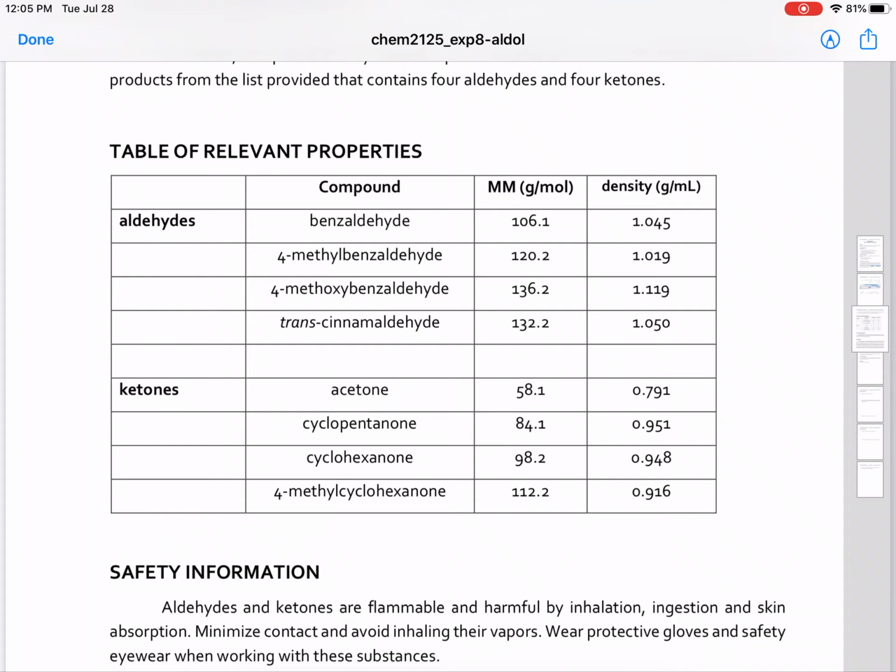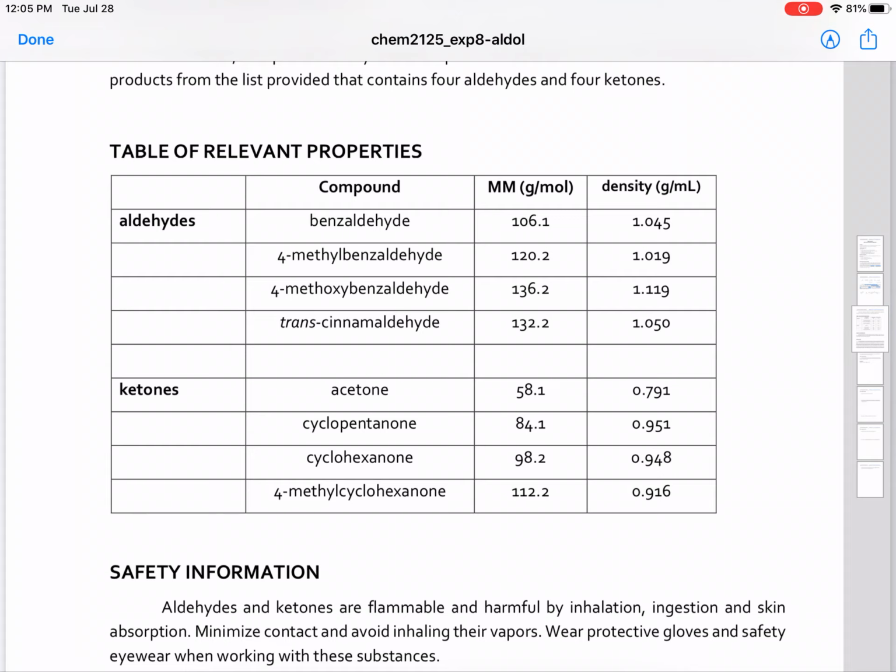Meaning you can choose one benzaldehyde. Let's say you choose benzaldehyde, and then you can condense it with acetone. Another one can do benzaldehyde and cyclopentanone, and benzaldehyde and cyclohexanone, benzaldehyde and 4-methylhexanone. So likewise, if you take one aldehyde, there are 4 ketones that you can react with.